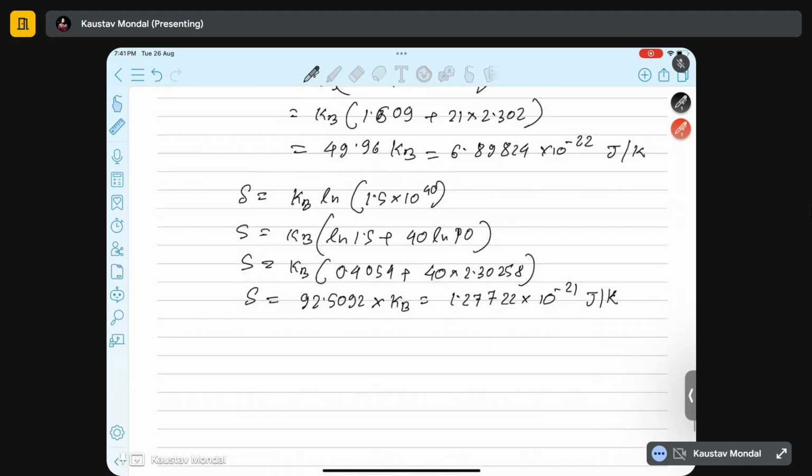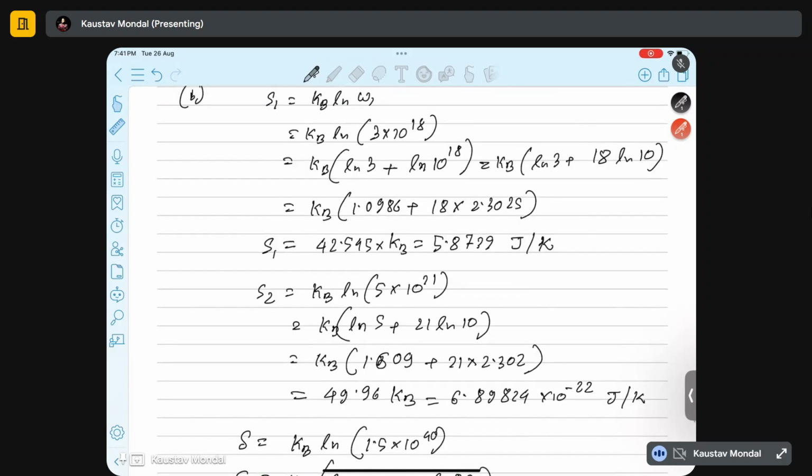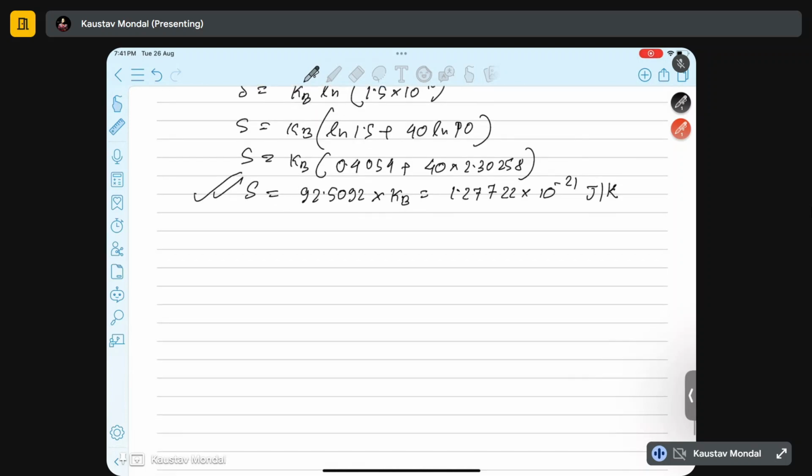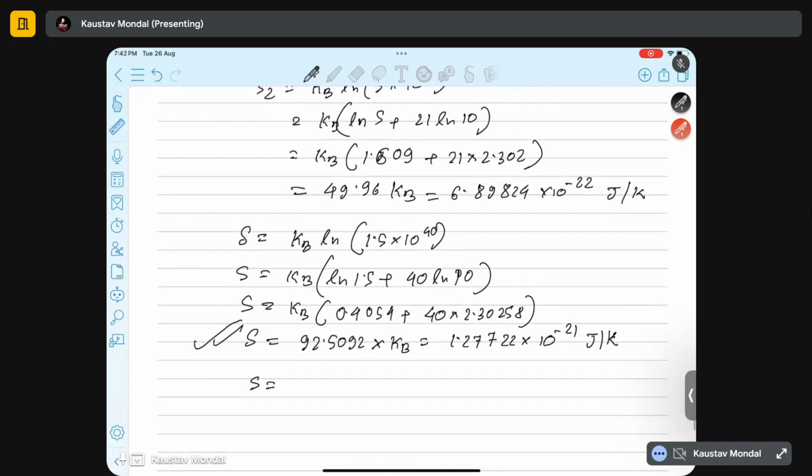Okay, so for the combined system, this is the value of entropy I'm getting. Now you can also get this same entropy in two different ways.